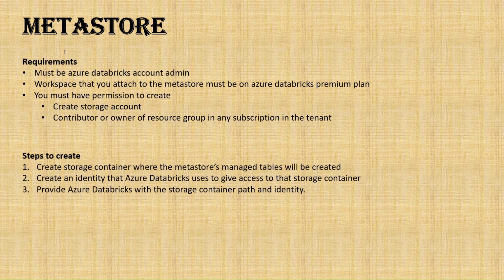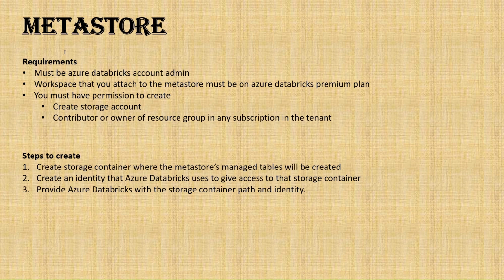Then we need one identity that Azure Databricks uses to get access to the storage container that we just created. We can use either an Azure managed identity or a service principal as the identity that gives access to the metastore storage container. Then once we have this, we can give Azure Databricks the storage container path and identity.